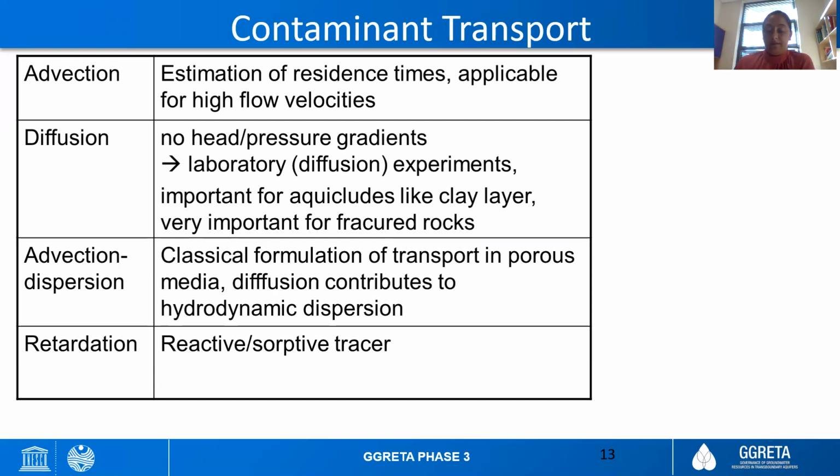And you'll find that the concentrations will reduce over time. If we compare a contaminant that undergoes retardation with advection from point A to point B, the one moving by advection will arrive at point B first. The retarded one will arrive there eventually, but the concentration will be considerably reduced.